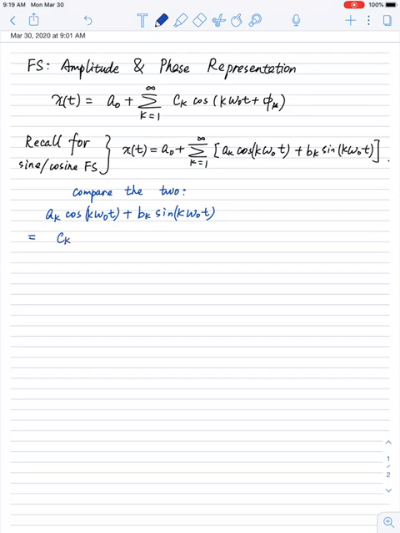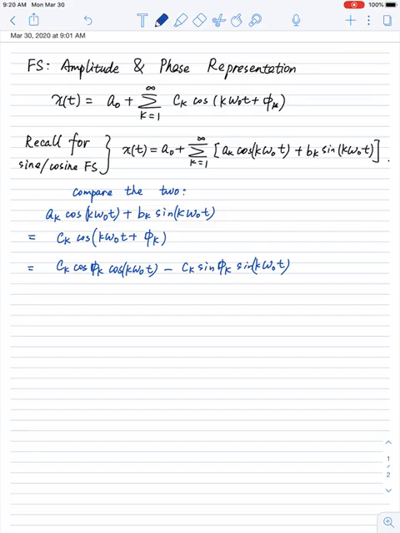This expression should be equal to ck cosine of k omega 0 t plus phi k. Next, by using the property of the cosine function, we can write it as ck cosine phi k cosine k omega 0 t minus ck sine phi k sine k omega 0 t.